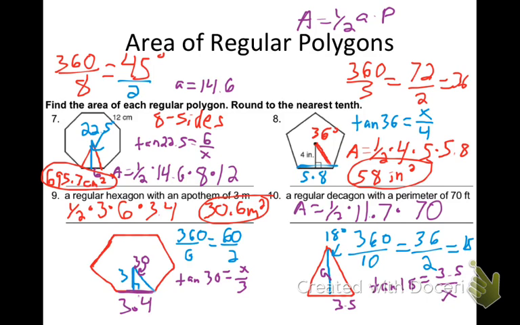About 409.5. Is that what you got? Work it out. 409.5? Awesome. So that is about 409.5 feet squared. Nice job.